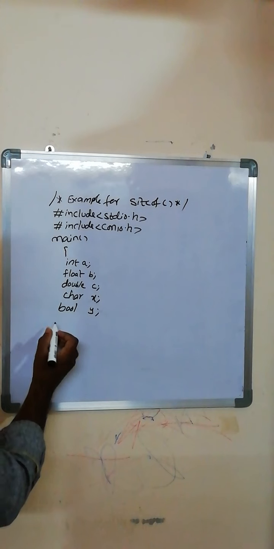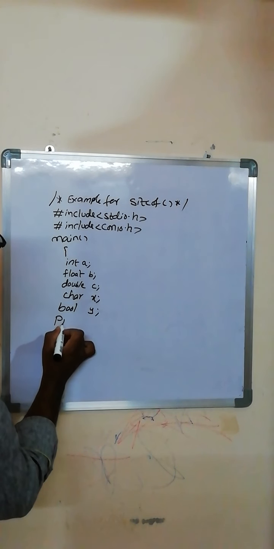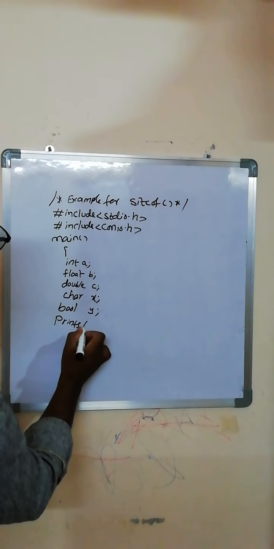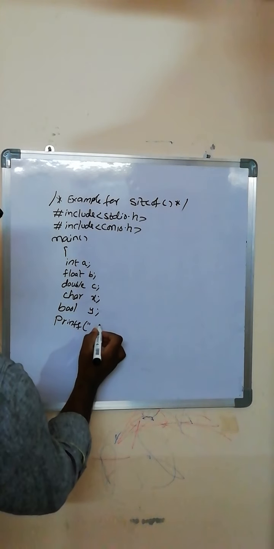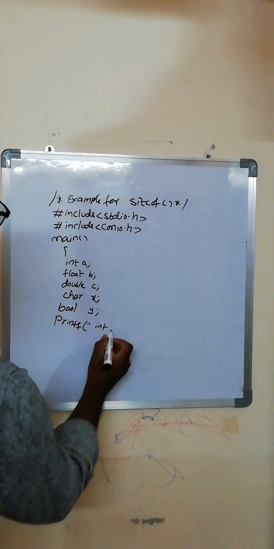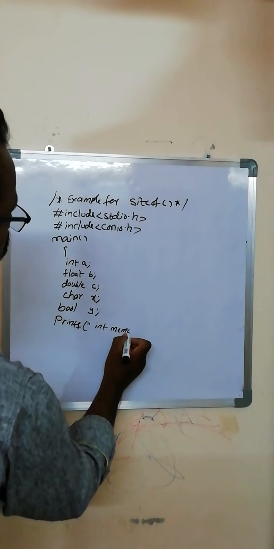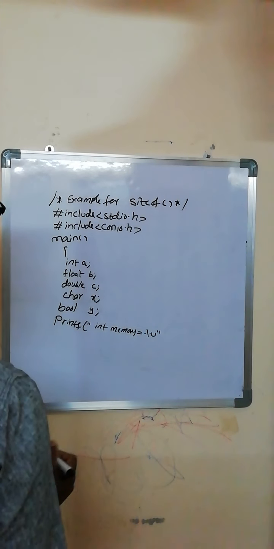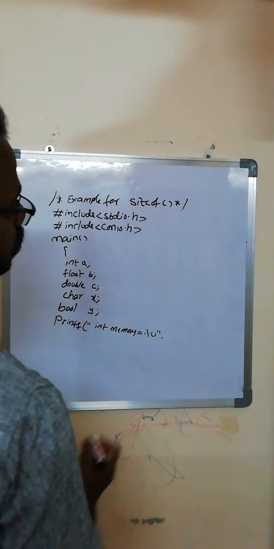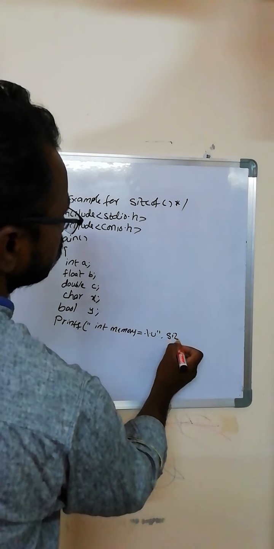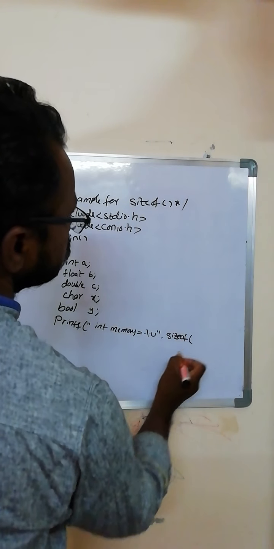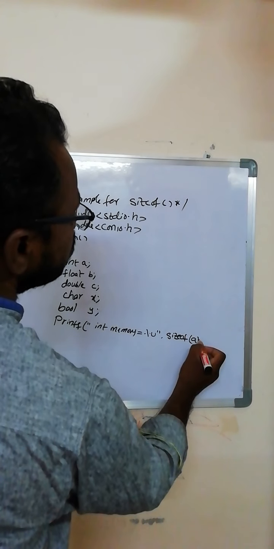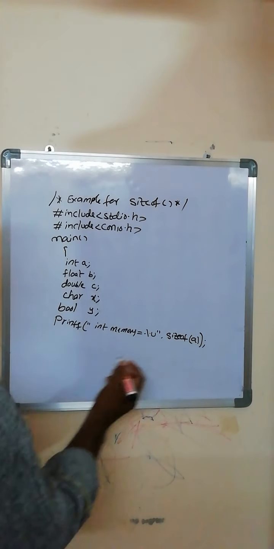These are the variables. We can directly use the printf statement, which is one of the output functions. The integer memory equals %u, where u means the unsigned format specifier, comma, using the sizeof function. In sizeof we can pass the integer variable, which is a.